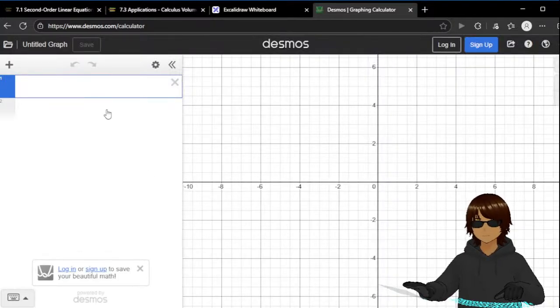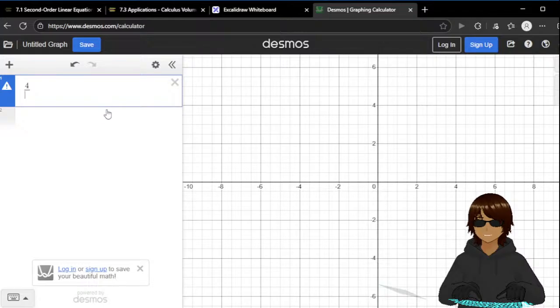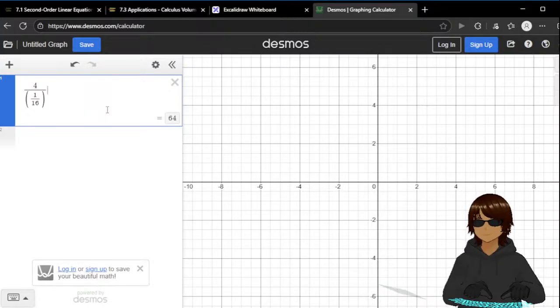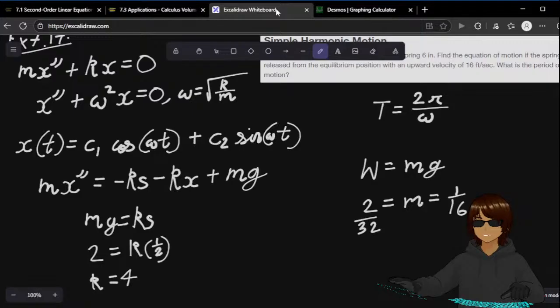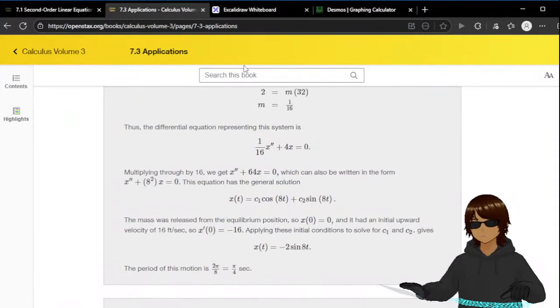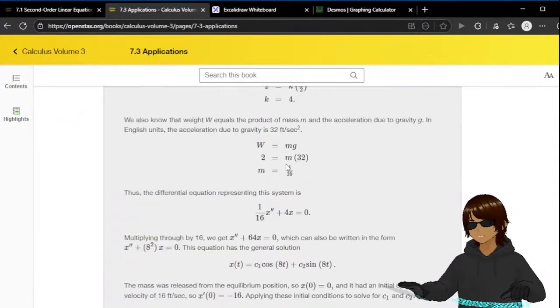I'm doing this wrong. 4 divided by 1 over 16 is 64. Square root of that, we get plus or minus 8, right? So omega is plus or minus 8. Then is the period always positive? Yeah, it is, right? Seconds. The period of this motion is 2 pi over 8. We didn't need the velocity. So why are we using the differential equation?